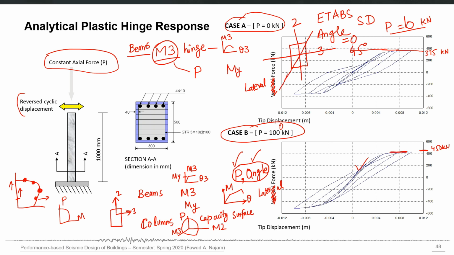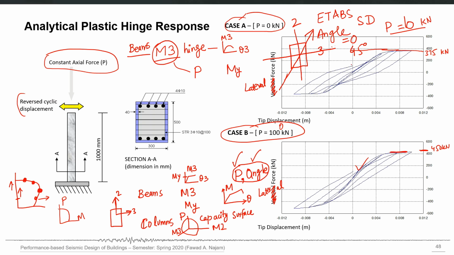And if we give, for example, angle equal to 45 degree, which means that now our moment is about this diagonal axis. Our neutral axis becomes this diagonal. So now you just think of how the column will actually rotate or bend by pointing your thumb towards this diagonal axis, and the curl of your fingers will be telling you how the column will actually bend if this is the column cross section. So in the ETABS section designer, you can also try this, that you change the angle and the moment curvature curve will be modified.